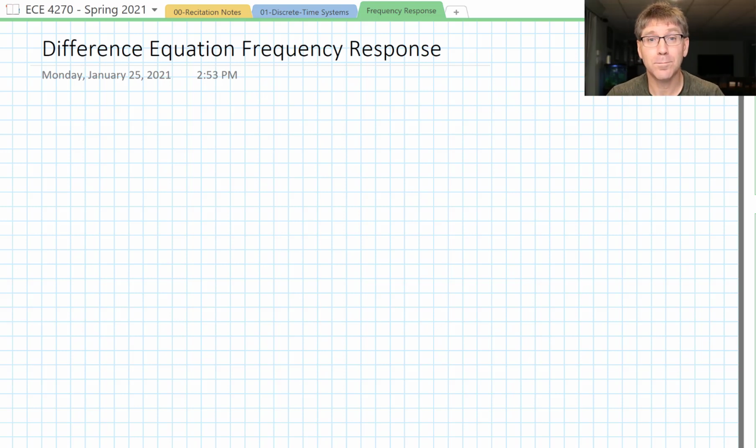Hello. One last basic DTFT operation that we need to look at is how to get the frequency response from a difference equation.